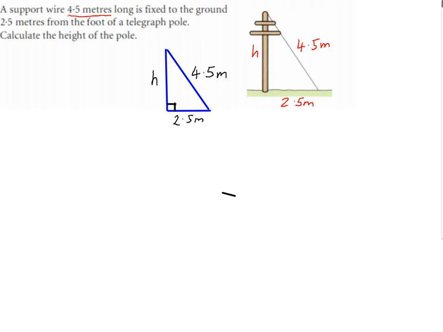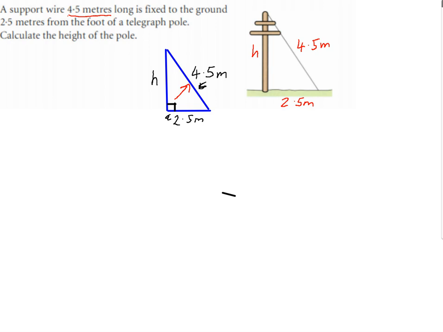Okay, so we are not looking for the hypotenuse in this case because the hypotenuse we have a value for, which means we're going to be using our formula for finding the short side.